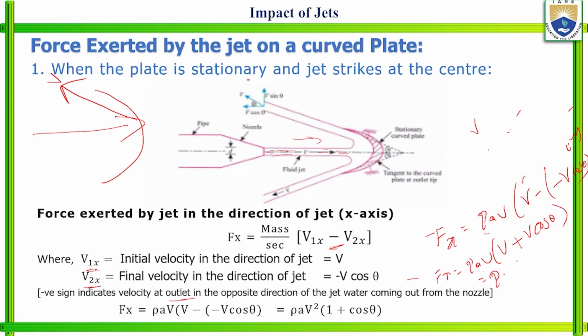So rho a v squared (1 plus cos theta) is the final force exerted by the jet in the direction of the x-axis.